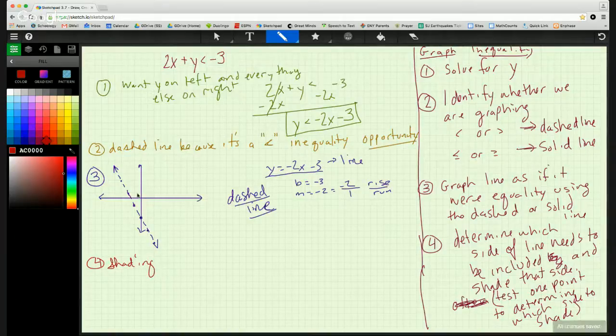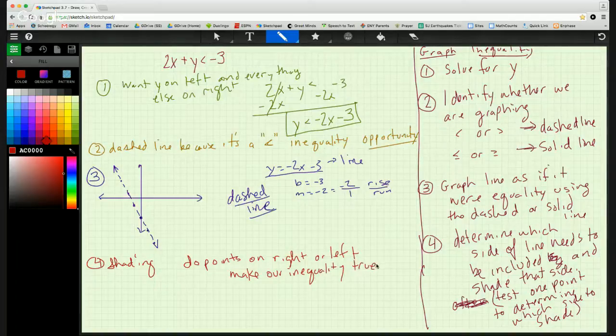So we need to figure out whether points on the left or the right of the line make our inequality true. And we actually only need to find one.